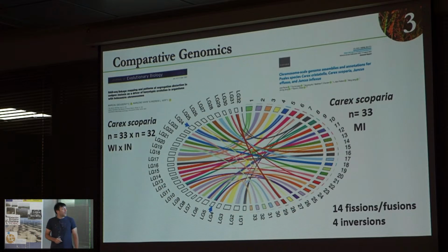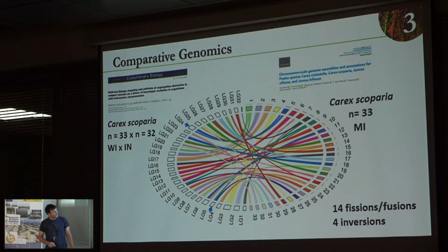So first I want to show you the comparison of the Carex scoparia genome. This is from an individual with a haploid chromosome number of 33 from Michigan in the United States. We compare that with the linkage map of a cross between two populations of Carex scoparia, one with 33 chromosomes and the other with 32, from Wisconsin and from Indiana.